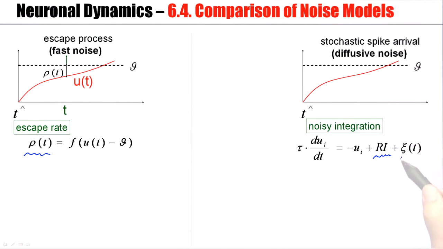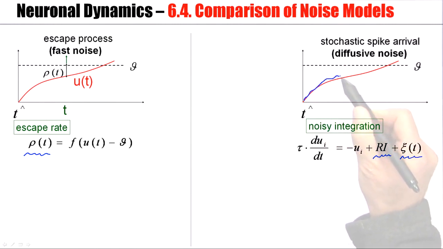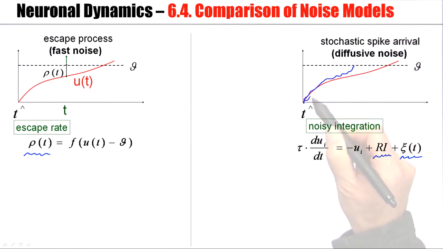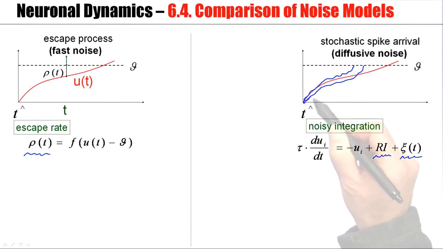But then because of the additional noise that represents stochastic spike arrivals, there would be a real trajectory which is slightly different, which fluctuates around the reference trajectory. And in each trial, the actual trajectory is slightly different. So this actual trajectory stays in some neighborhood of the reference trajectory.